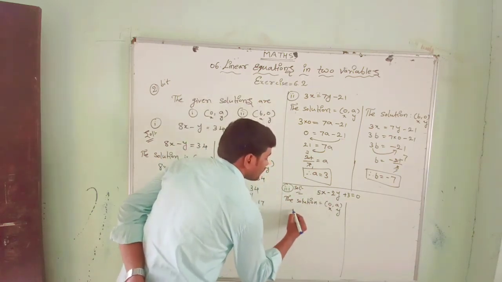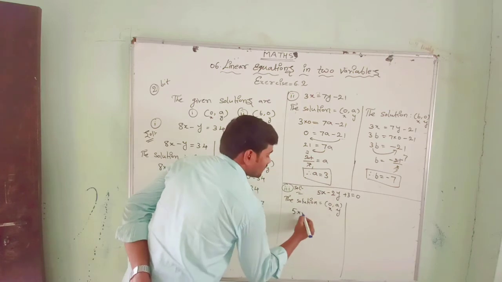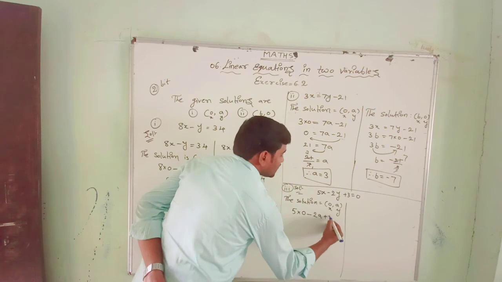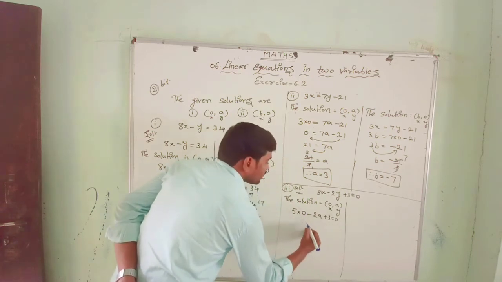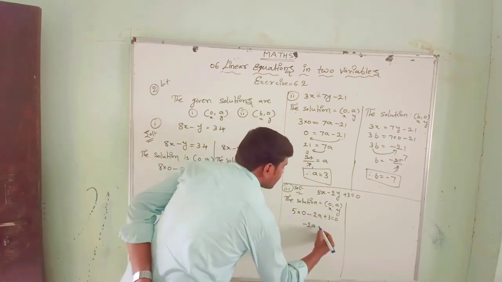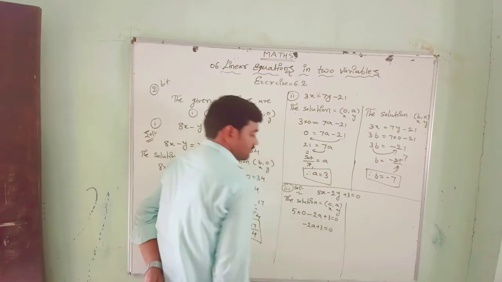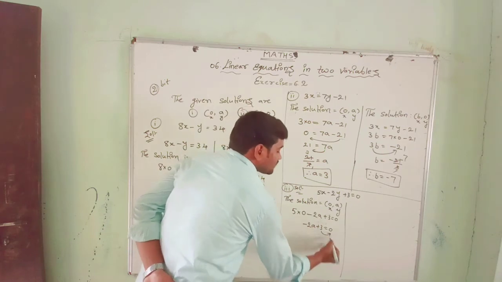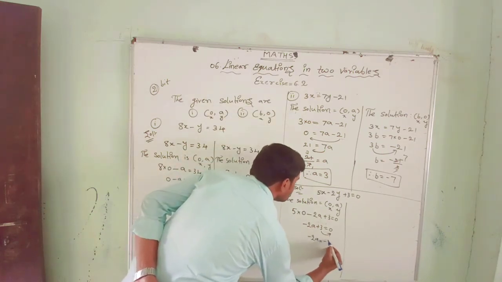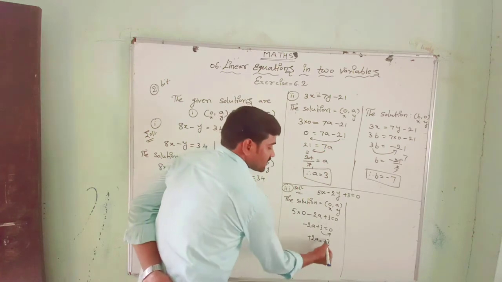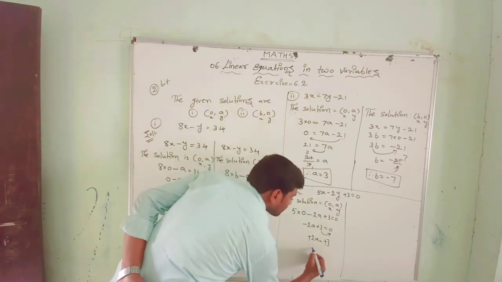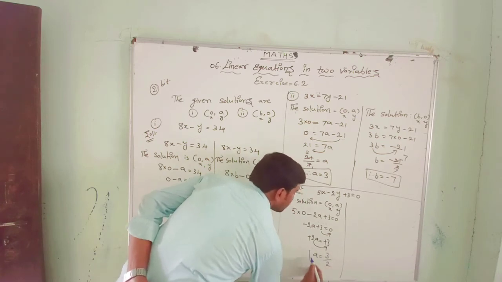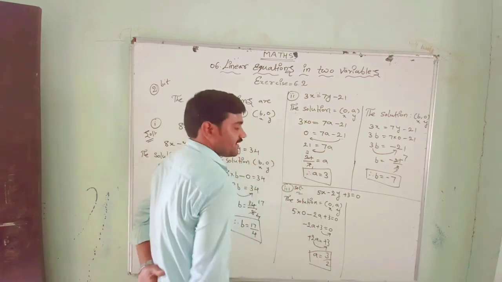We'll substitute in this. 5 into x value 0 minus 2 into y value a plus 3 equal to 0. Now this is completely 0. Minus 2a plus 3 equal to 0. This 3 we transfer this side. Minus 2a equal to minus 3. Minus minus cancel on both sides. Then this 2 also will transfer. A equal to 3 by 2. This 2 is multiplied, so 2 will be divided to that side.